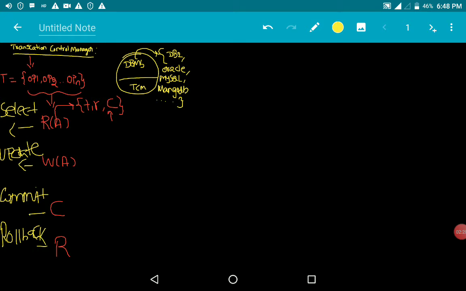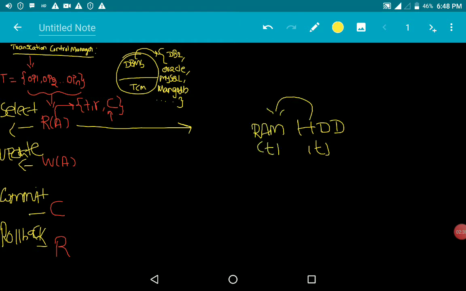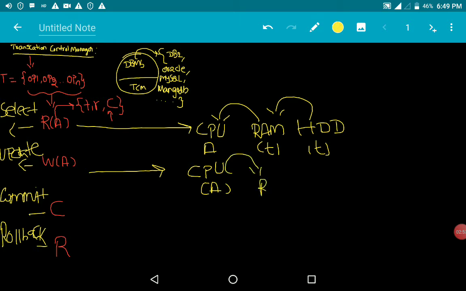If the CPU performs read A, what will happen internally? The table resides on the hard disk. During execution, these tables are brought into the RAM. Then the CPU fetches the particular value from RAM to itself, and write means the value A is modified and the modified value is updated into RAM.